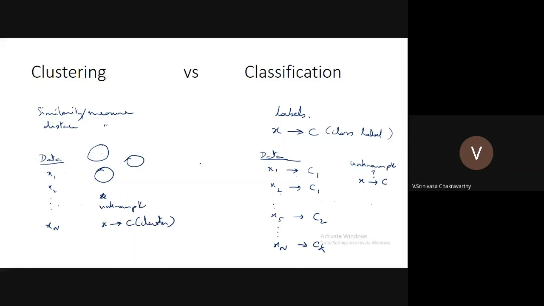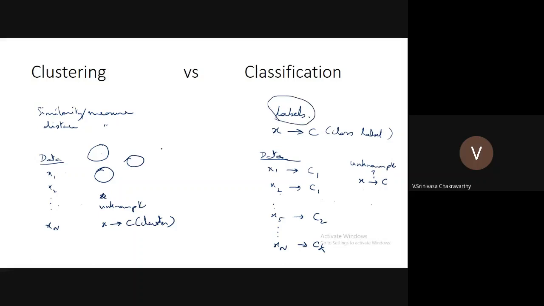Whereas in case of clustering, you have a bunch of data, some similarity measure, and then see what are the similarity groups within the data set. There is no question of right labels coming from outside. So the existence of such labels coming from outside is a crucial distinguishing feature of classification compared to clustering.